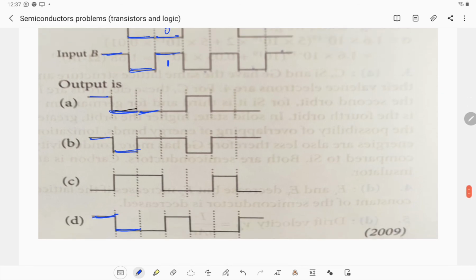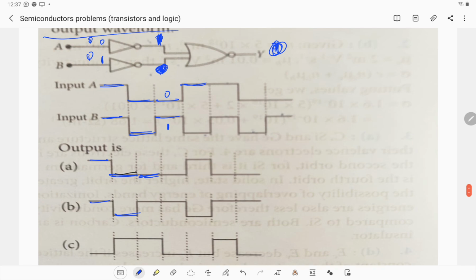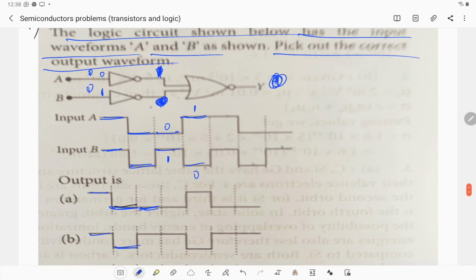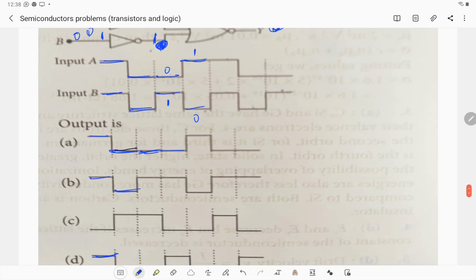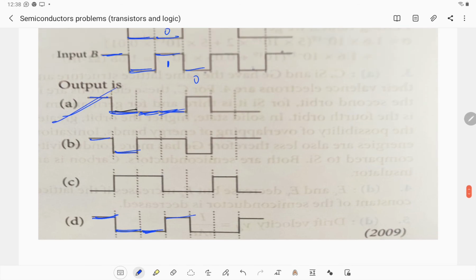Therefore, in the options, here A and D. And next one, here is 1, this is 0. 1, 0, here is 1, here is 0, here is 0, here is 1. Therefore, 0 plus 1, 1, here is 0. Again 0. But here high value. Therefore, answer A is correct.